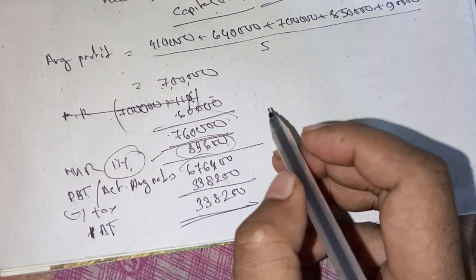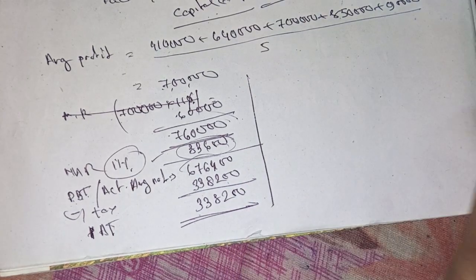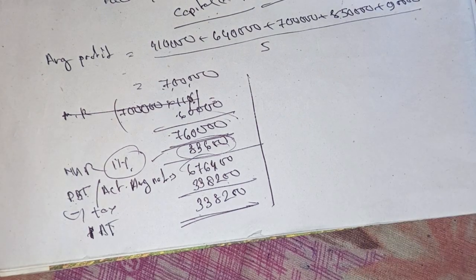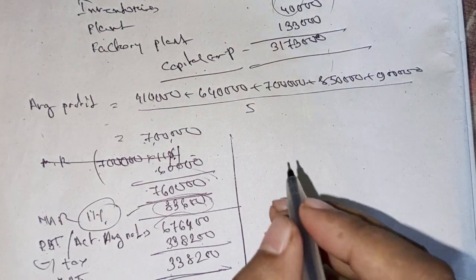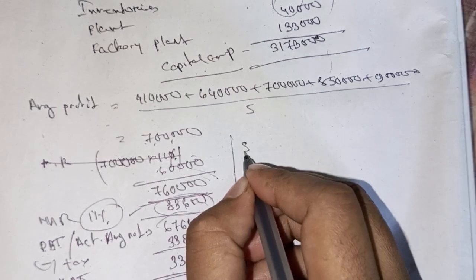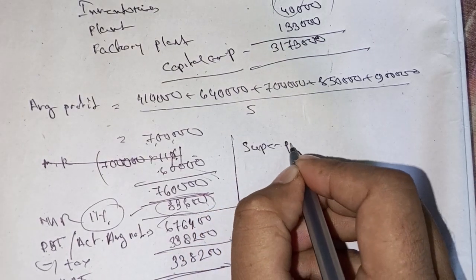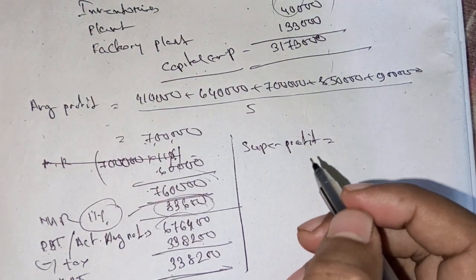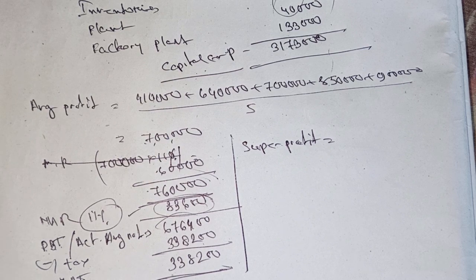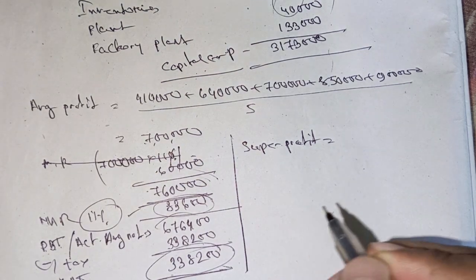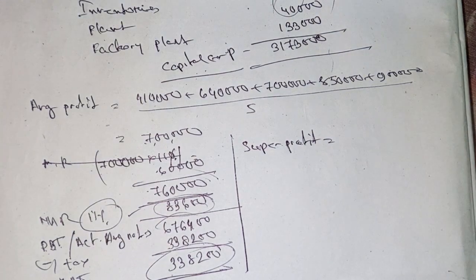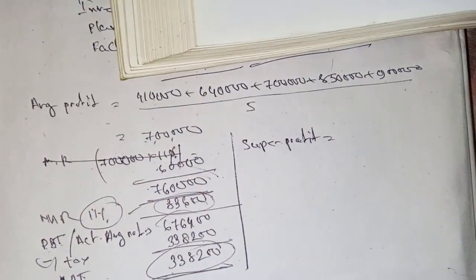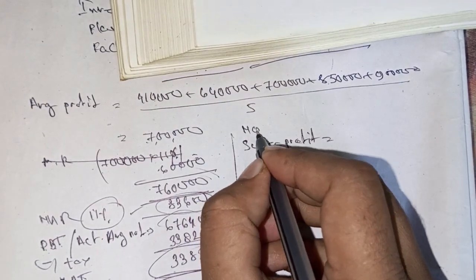Now we have to calculate our super profit. Super profit equals our profit after tax minus normal profit. The question gives the normal rate of return as 10%.